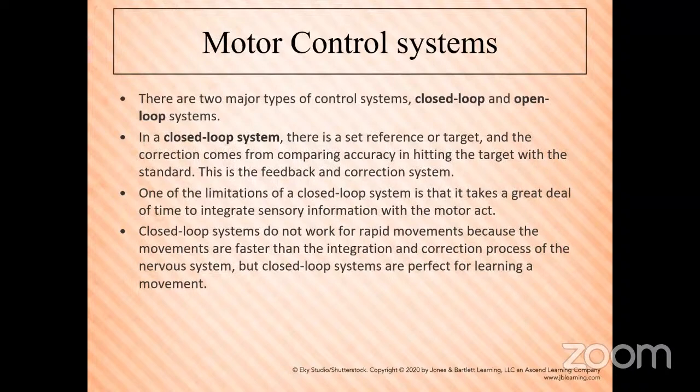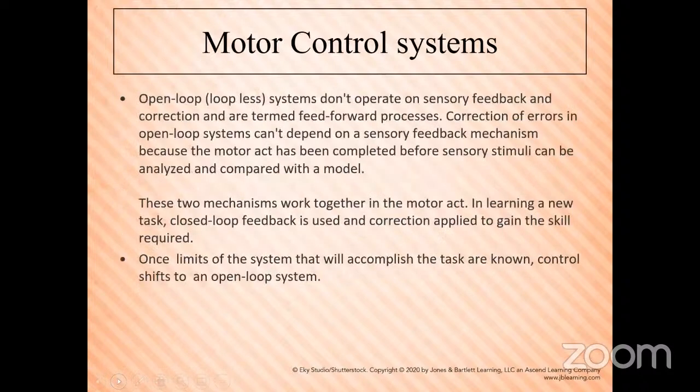So they do not work for rapid movements, because the movements are faster than the integration and correction process of the nervous system. But they are important for learning a movement. That's how, over the course of our growth from infancy, we keep learning through closed loop systems, and the various plans are stored in the brain.